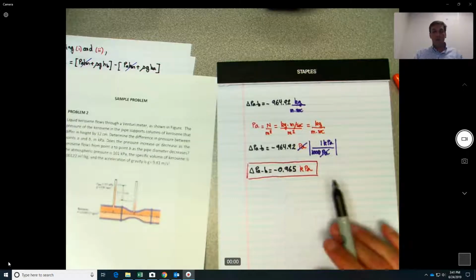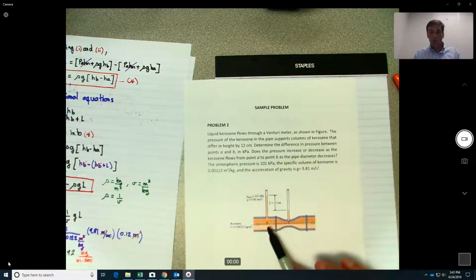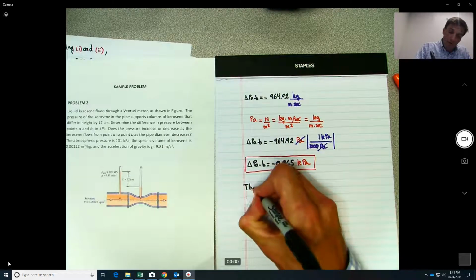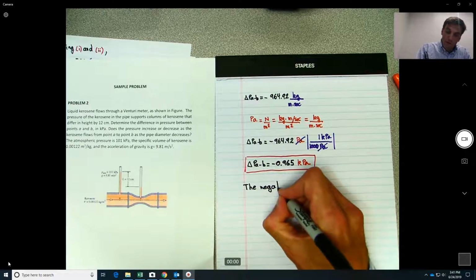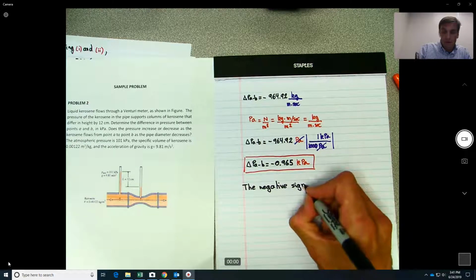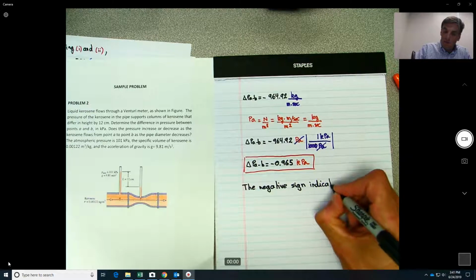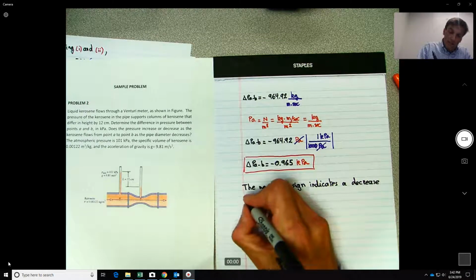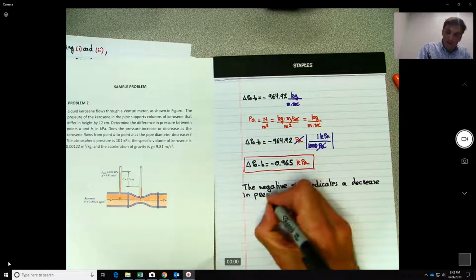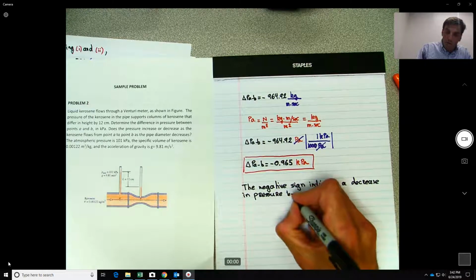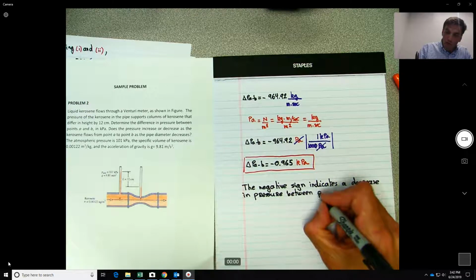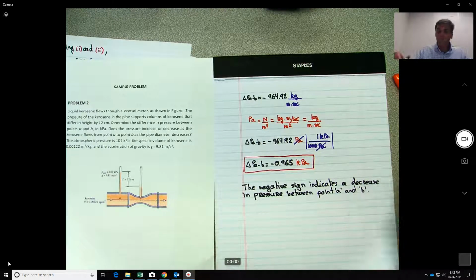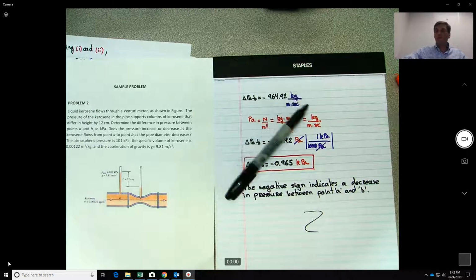The negative sign means that actually the pressure is decreasing as we go from point A to point B. Okay, so we can say the negative sign indicates a decrease in pressure between point A and B. Okay, so this will be the end of the problem.